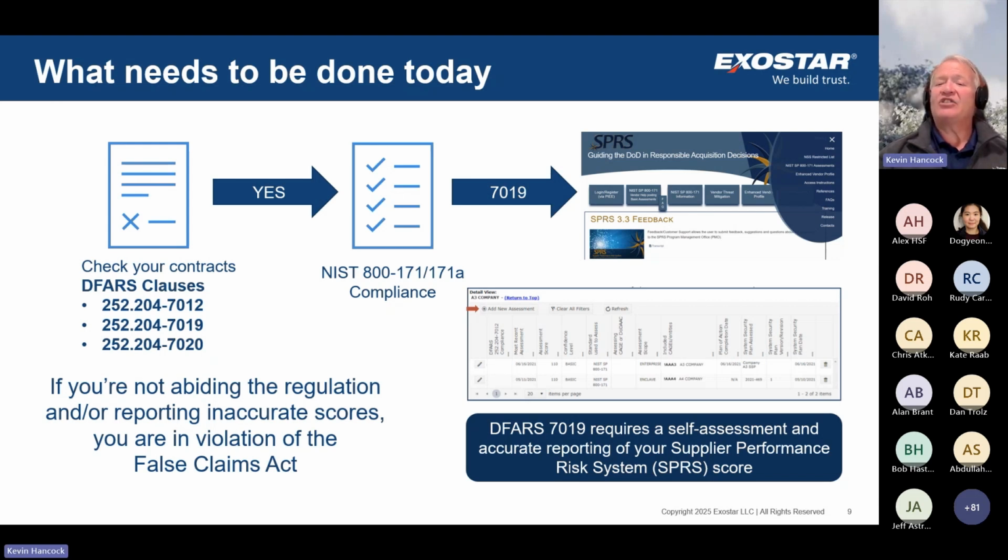You then take that score and you upload it into the Supplier Performance Risk System. And the DoD uses that as one of the metrics as part of the overall supplier performance risk. So when they look to award a contract, that's one of the elements they use when awarding that contract.